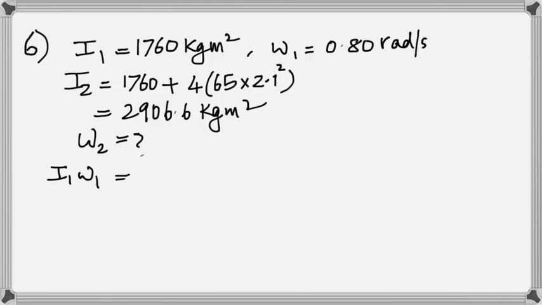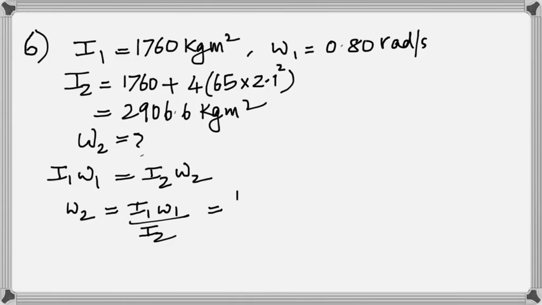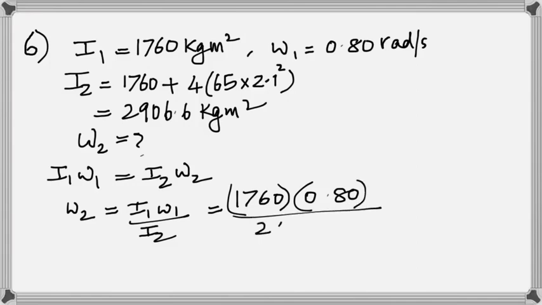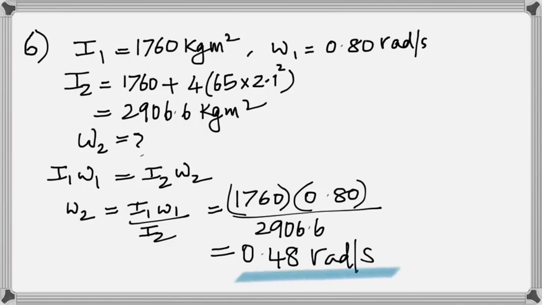So again, use I1 omega 1 is I2 omega 2, isn't it? Plug those numbers in and you should get it. Omega 2 is I1 omega 1 divided by I2. And you get 0.48 radians per second.